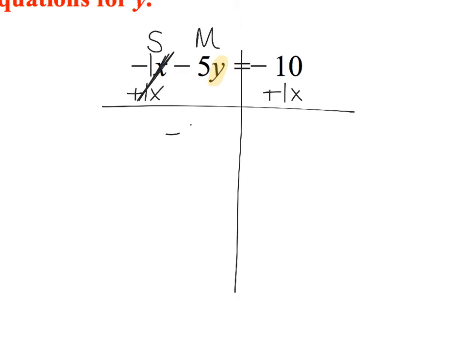So we have negative 5y is equal to, are those like terms, negative 10 and 1x? No, you have to leave them separate. Negative 10 plus 1x.